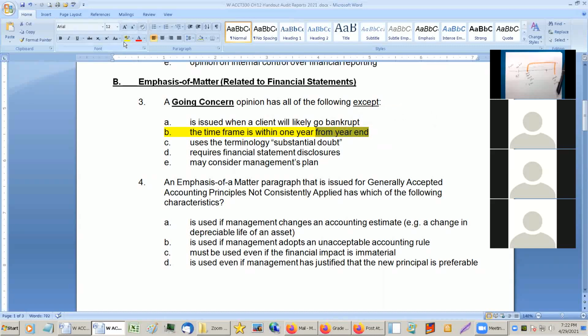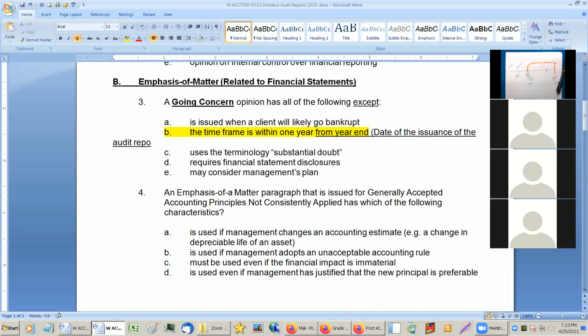It's not from year end. It's from the date of the audit report, when the audit report is issued.